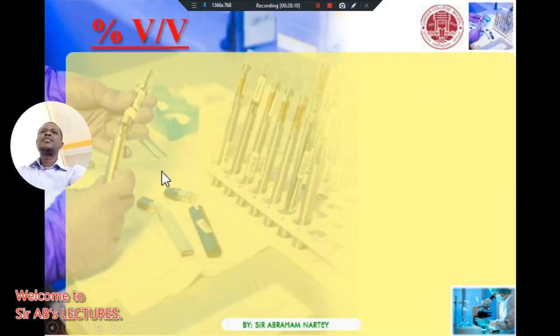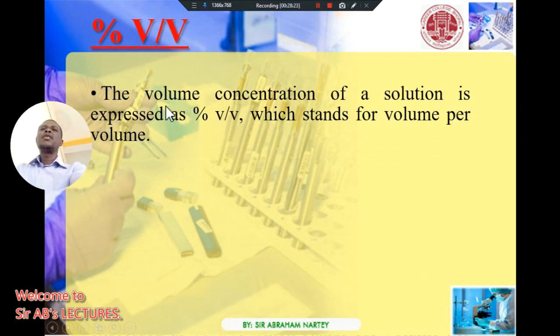Next one, we also have to know the meaning of this. This one I give to you as a reading assignment: percentage V per V, that is percentage volume per volume. When you are at the lab, you see that they write this inscription on some of the stock solutions that you buy, or even on powder form, so that it will guide you on how you can prepare it.